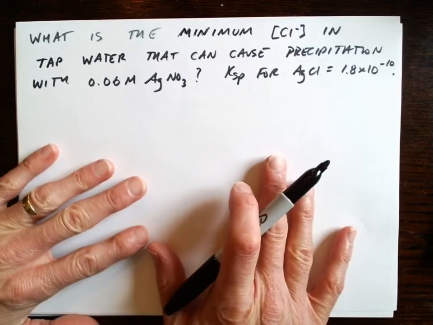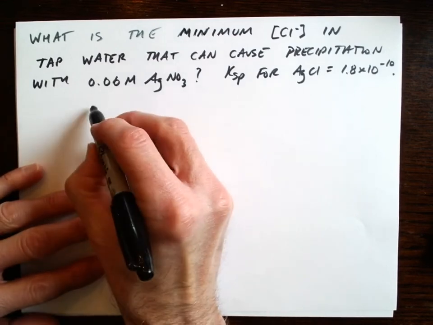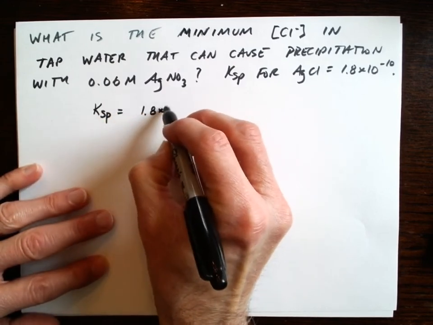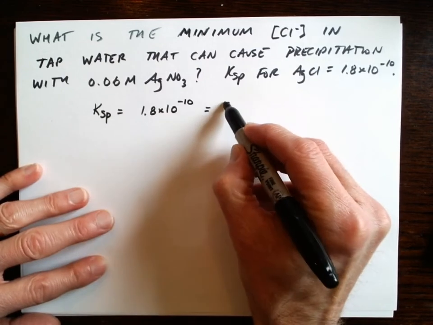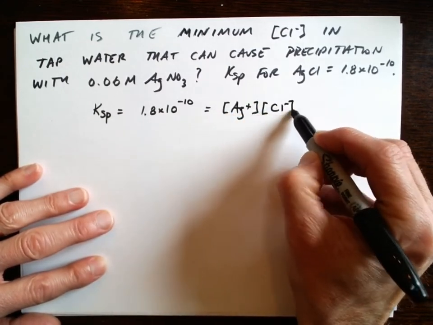This is really an easy problem to do. All you have to do is write KSP, which is 1.8 times 10 to the negative 10, and set that equal to the concentration of silver ion times the concentration of chloride ion.